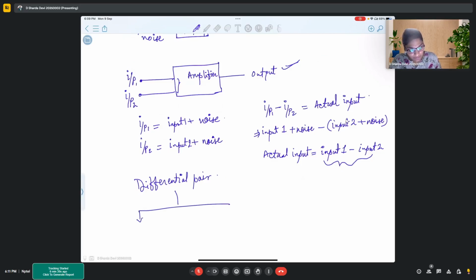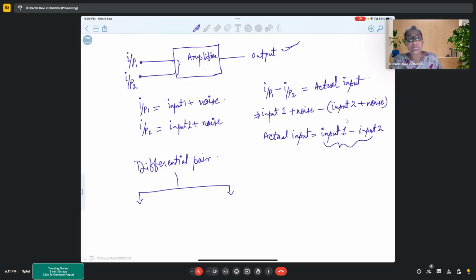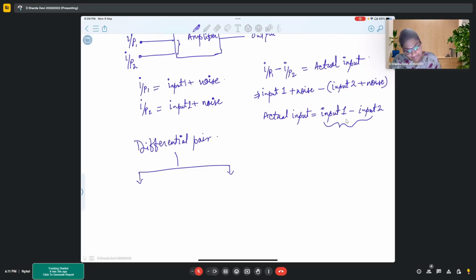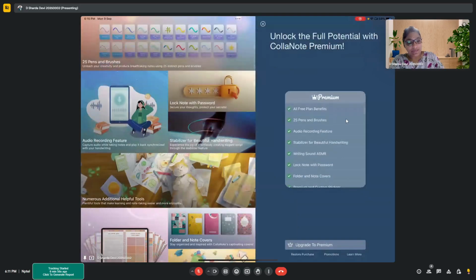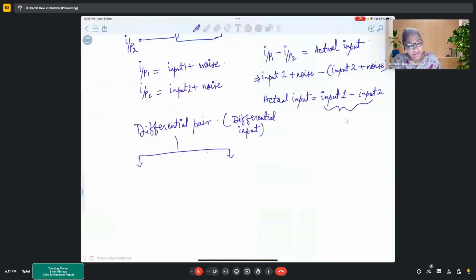Now this can be further divided into two types. For a differential pair, the actual input is the difference of two inputs, so you will provide differential inputs, because you want to remove the noise which is present.